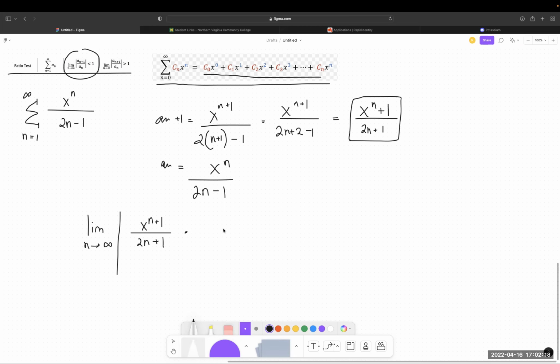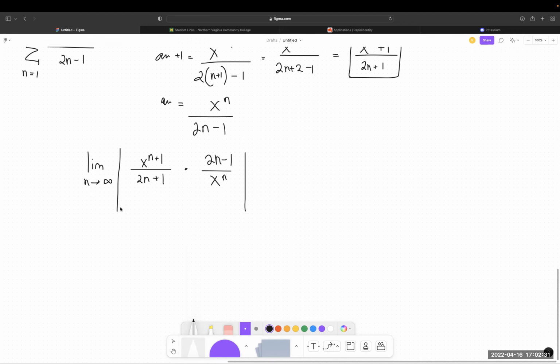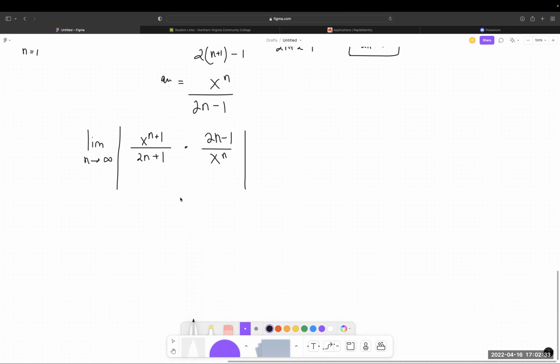I jump ahead here because we're going to divide by this, and then flip the fraction regardless, so we'll do that without writing it, so we don't get too verbose. Then we ask ourselves, can we simplify? And we can, because they're both the same, so I feel like they'll simplify. You can isolate that by putting them one over the other.